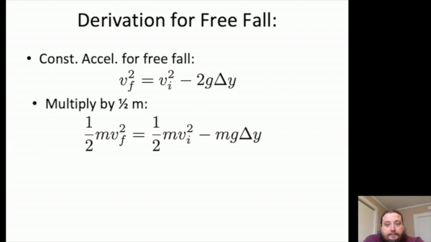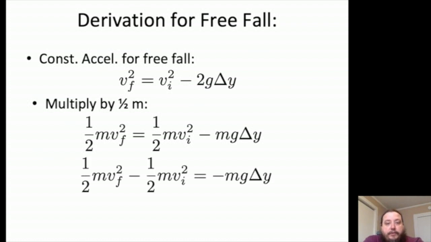that we saw earlier, last time, when we looked at the gravitational potential energy. And indeed, if we move the kinetic energy terms to the left and the potential energy terms to the right, then the stuff on the left becomes the change in kinetic energy.